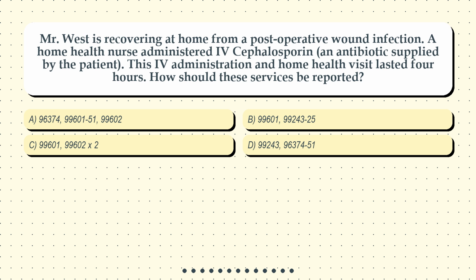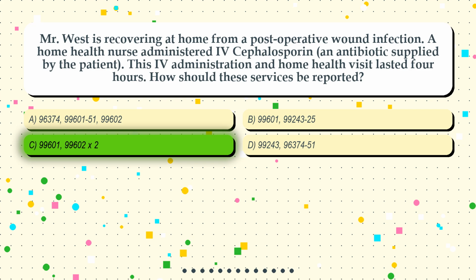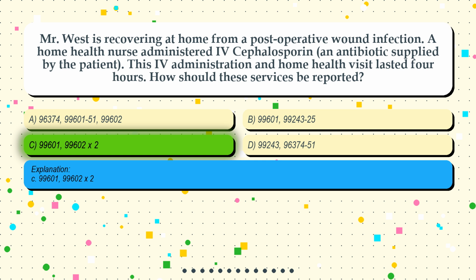Option D, 99243, 96374-51. The correct answer is option C: 99601, 99602 x 2. C: 99601, 99602 x 2.